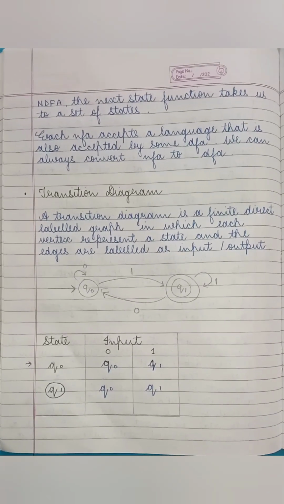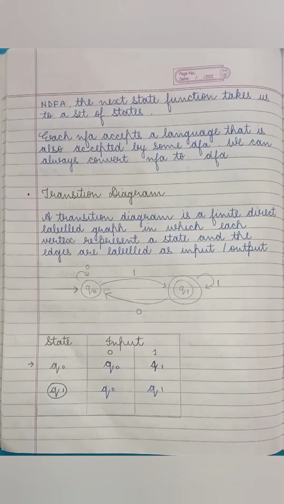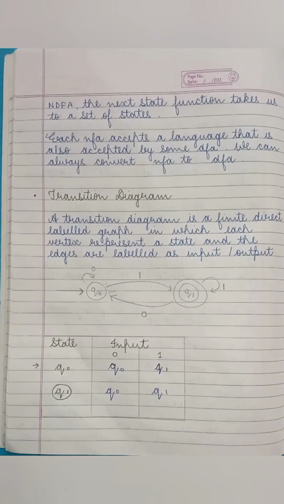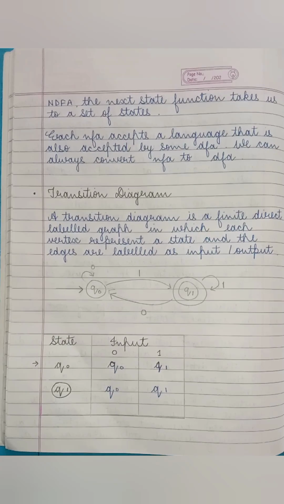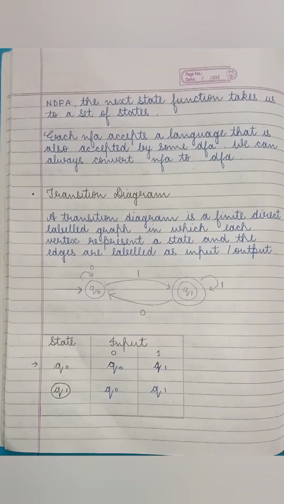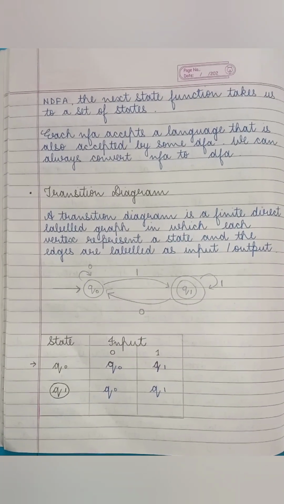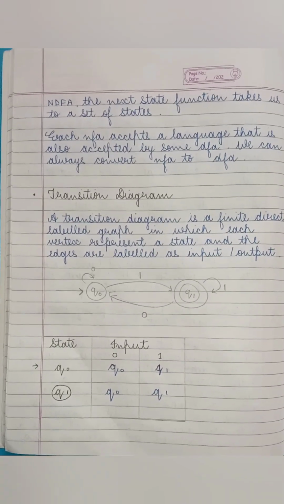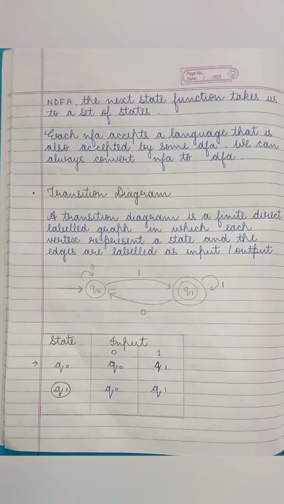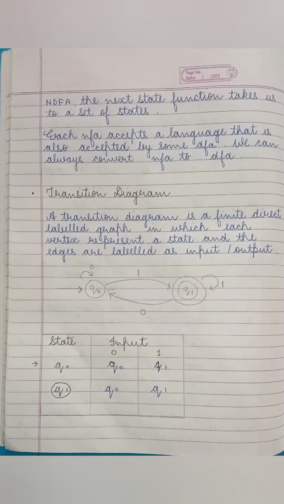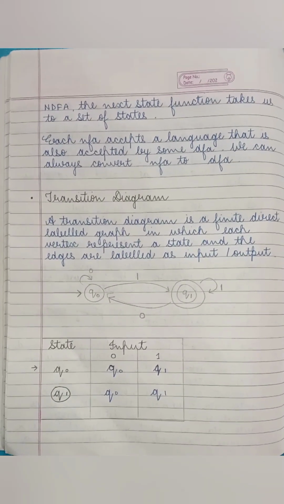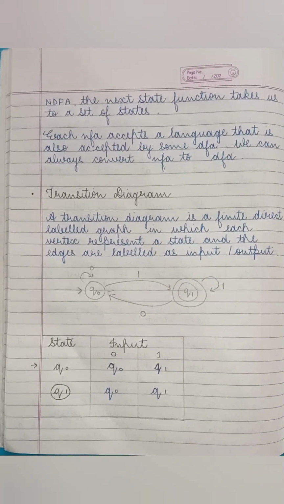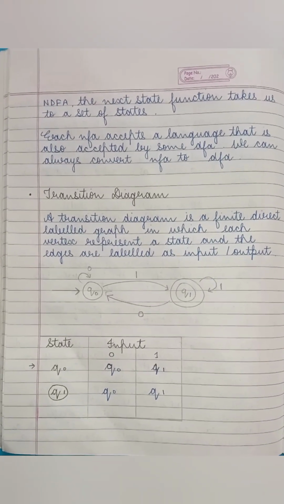Now representing it in form of transition table, for state Q0, for 0 input value it goes to itself, that is Q0. For input value 1, Q0 goes to Q1, and Q1 for 0 input value goes to Q0 and for 1 input value goes to itself, that is Q1. In this diagram, Q0 is the starting or initial state and Q1 is the final or accepting state.